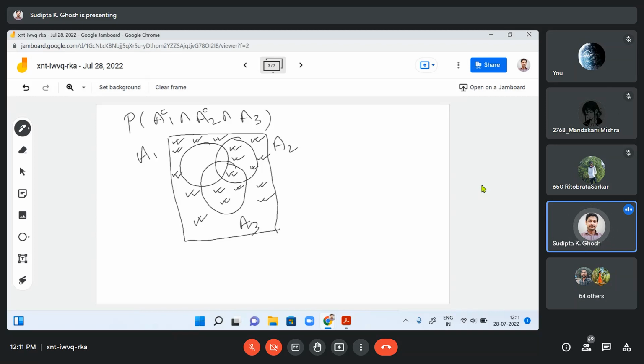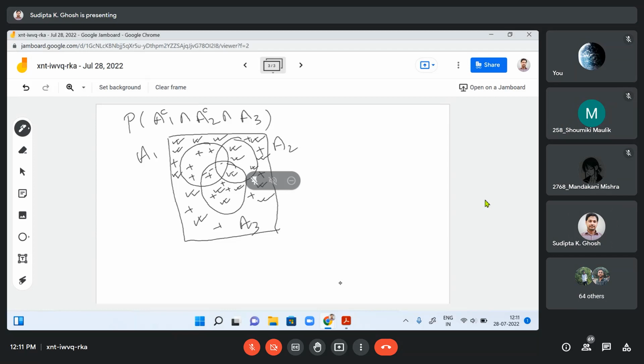Then for A2 complement, I am giving plus, so I can give the plus here. The last part is A3, which is the dotted line.